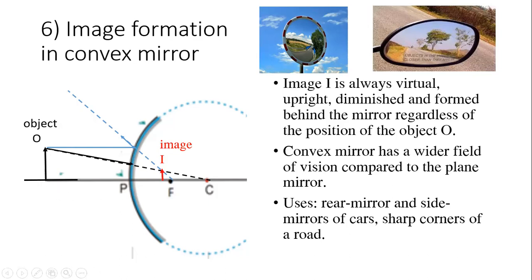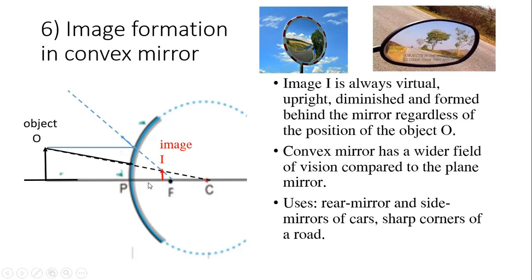That means the image has to be between P and F, so not F and C. The image is just behind the mirror, that's all. Precisely where, if we have to calculate it, you have to know the object distance, then you can say whether it's here or between here.